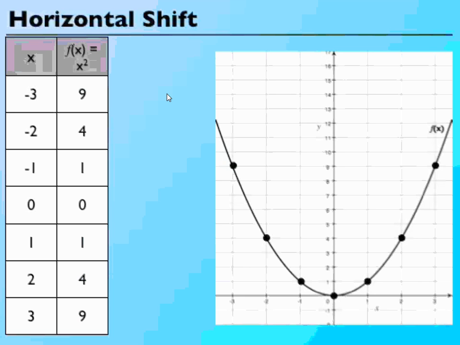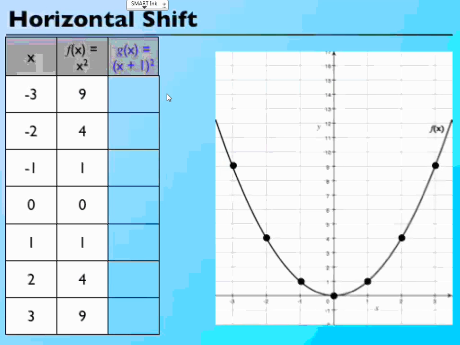The next column in our chart is a new function, g of x, and it's x plus 1 quantity squared. So if I want to fill in this chart, for this first box here, what is my x value? My x value is -3, so I plug that in. -3 plus 1 is -2, and then square it to get 4. Okay, so I plot this input and output for g of x on my graph.